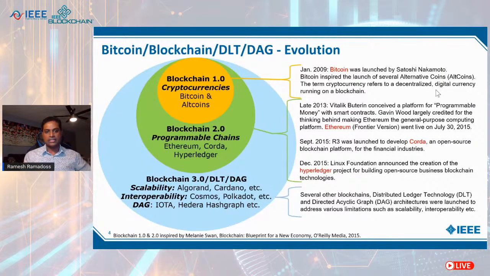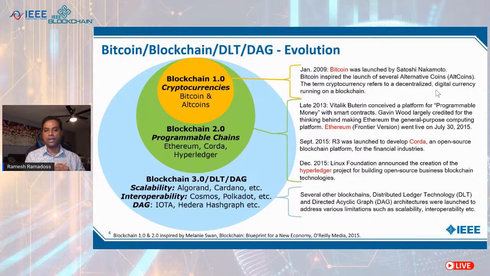So this slide shows the three stages of evolution of the blockchain field, starting with blockchain 1.0 being the launch of Bitcoin and altcoins inspired by Bitcoin. Primarily, all of them are collectively referred to as cryptocurrencies. As you can see on the right side, there are some dates there.